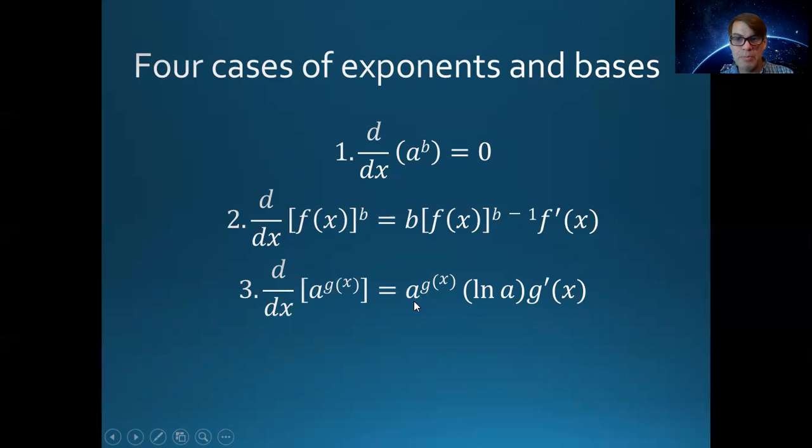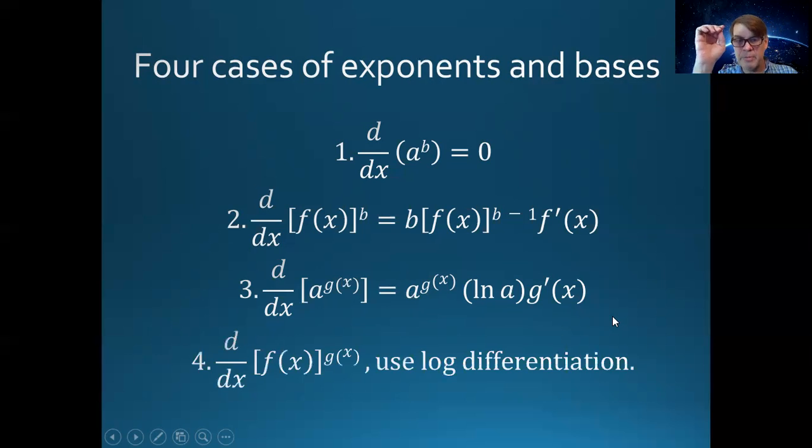If you want a proof of this, and a general explanation, see the video right before this one. But basically, the derivative of the exponential function is whatever that exponential function is times the natural logarithm of the base times the derivative of the function. Okay, number 3. Finally, number 4. What if you're trying to find the derivative of a function raised to a function?